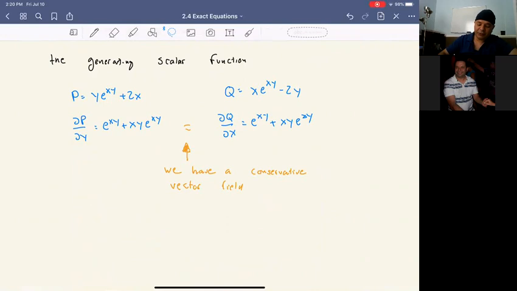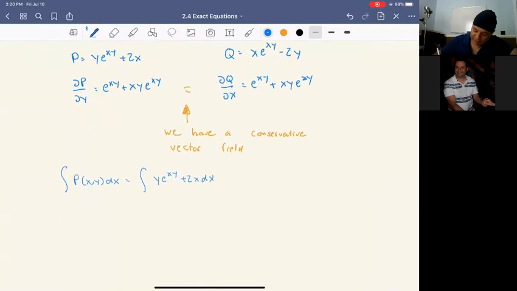Now, let's go ahead. We're going to find the generating scalar function. So what we're going to do is take the integral of P with respect to x. And what's that? That's the integral of y e to the xy plus 2x dx. Now this is with respect to x, so y is treated as just a constant. Okay?